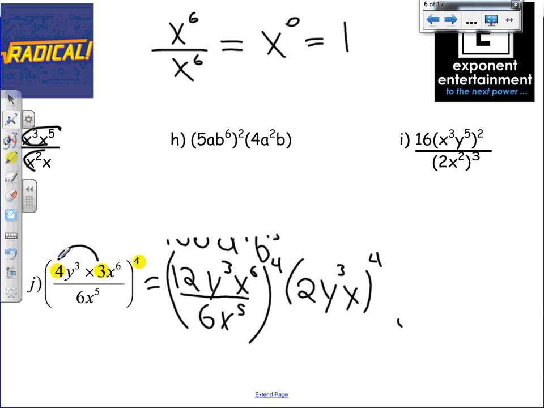Bring this 4 in: 2 to the power 4, y to the 12, and x to the 4. Wouldn't it be x to the 5? The 4 is outside, so it's all this to the power of, so you multiply your exponents.